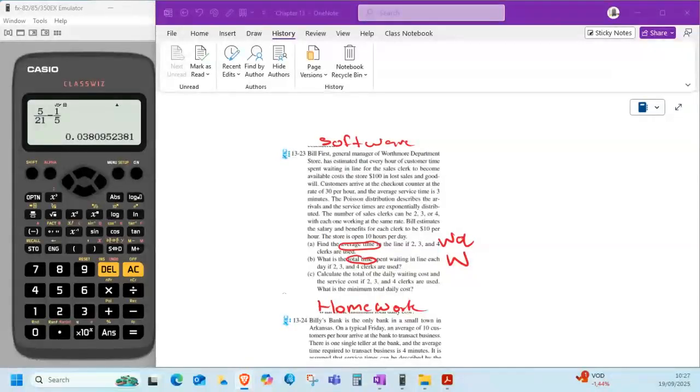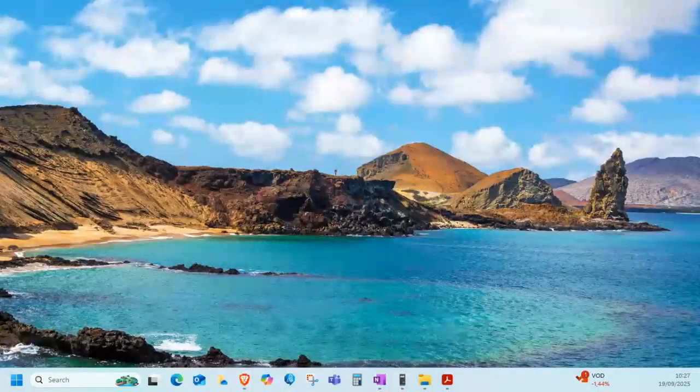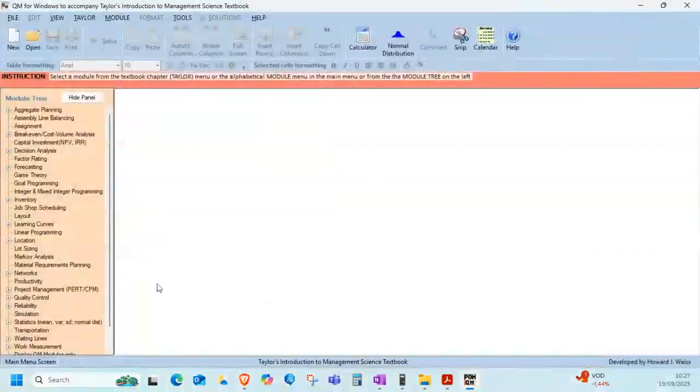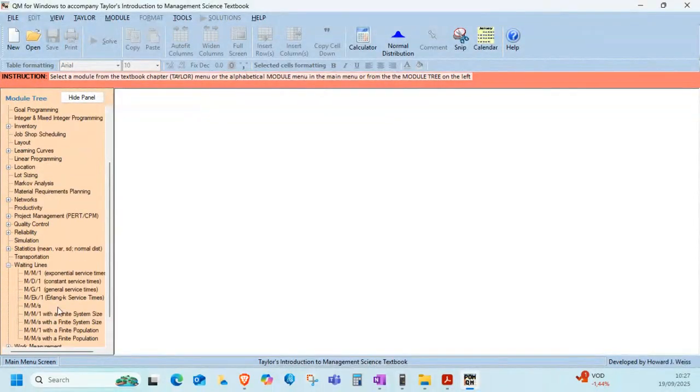Just a quick one on the software. I know students tend to struggle to find where it is. I also struggle sometimes. You see waiting lines here, and then you just select it.